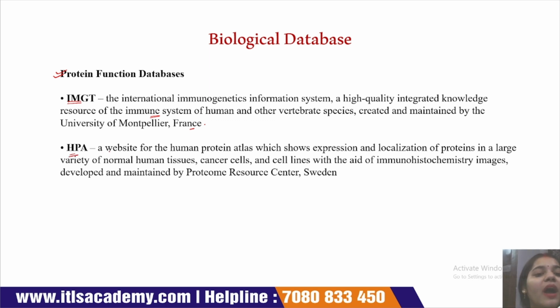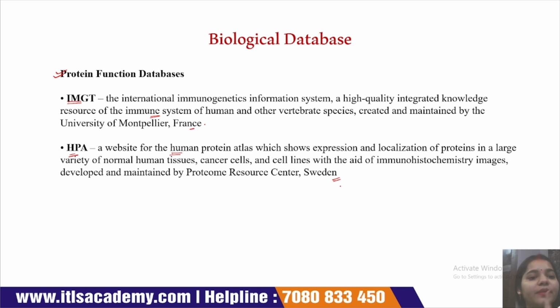HPA is a website for the Human Protein Atlas, which shows the expression and localization of protein in a large variety of normal human tissues, cancer cells, and cell lines with the aid of immunohistochemistry images. It is developed and maintained by the Proteome Research Center, Sweden. Okay, protein functional databases.